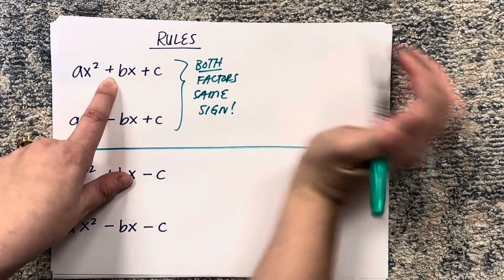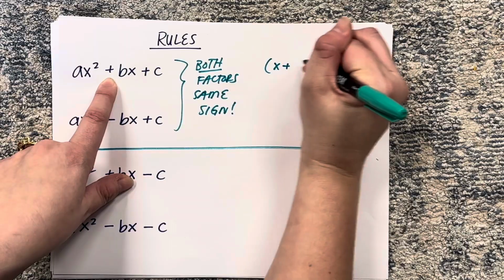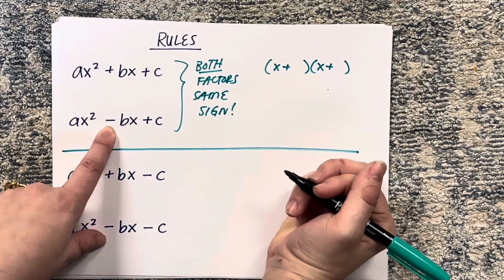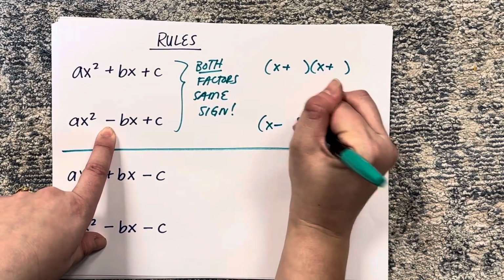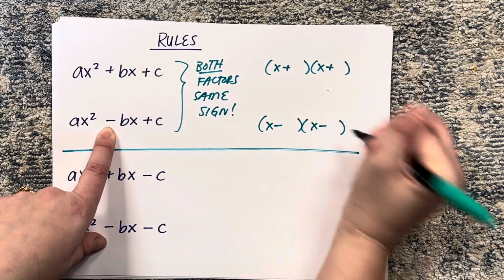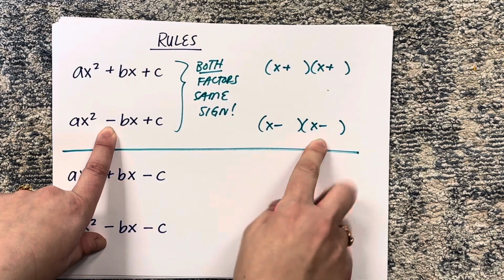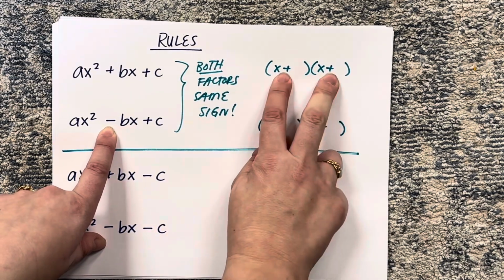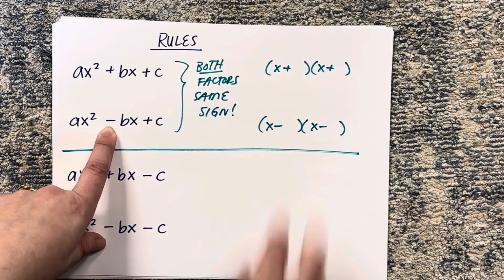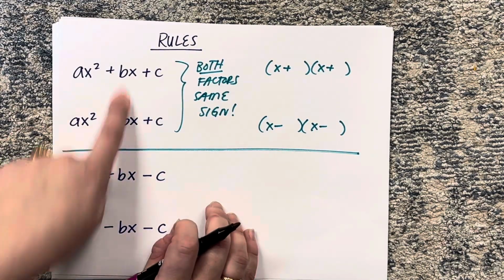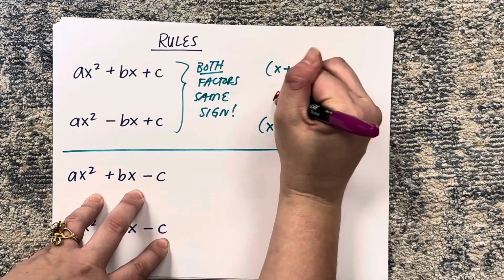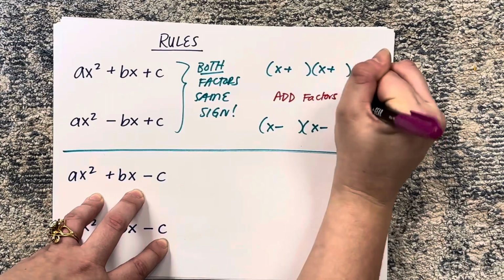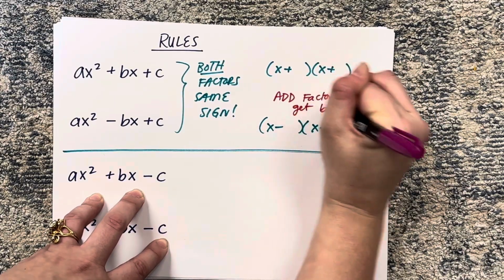So if the b is positive, it's going to be an x plus something times an x plus something. And if b is negative, it's going to be x minus something times x minus something. Okay, but no matter what, both of your quantities, both factors are going to have the same sign. So both are positive, both are negative. Okay, and to get your b term, you will add the factors to get your b value.